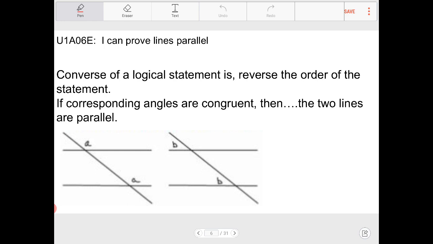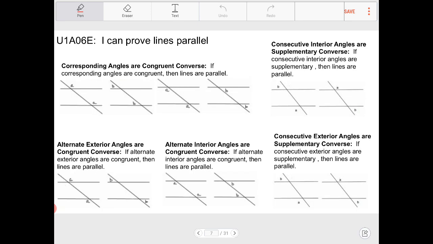We can actually apply this converse idea to all the different angle relationships that we've established in previous lessons. Corresponding angles are congruent, converse: if you're given a set of corresponding angles and they're congruent, then we can deem the lines parallel.